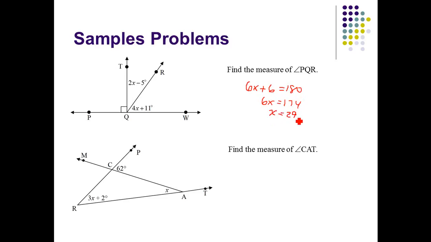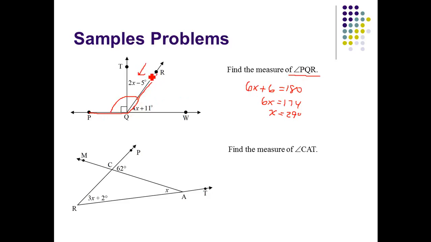Now remember, you got to make sure you read the question. It says find angle PQR. Well, angle PQR is this whole angle here. So first thing we do is figure out what this angle is up here.